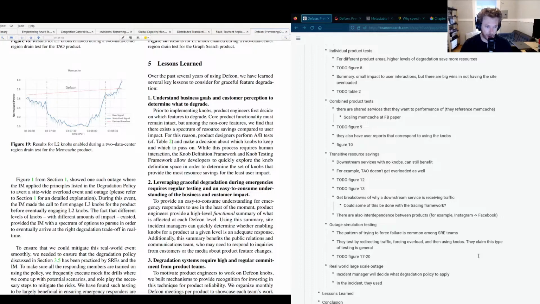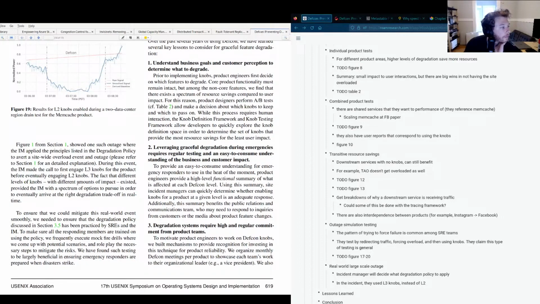They used L3 knobs instead of L2. Cool. They have mock fire drills. Common technique for training SREs. Different teams call them different things.